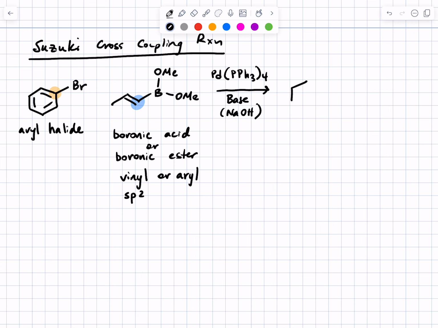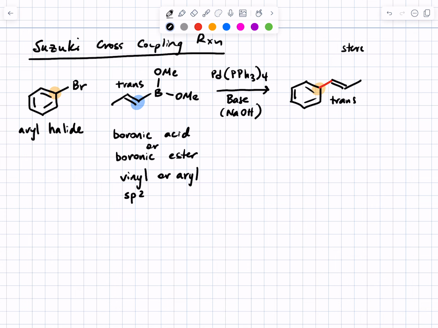The product makes a new carbon-carbon bond between the orange sp2 hybridized carbon on the benzene ring and the blue sp2 hybridized carbon on the vinyl group. And importantly, stereochemistry on the vinyl group is preserved.